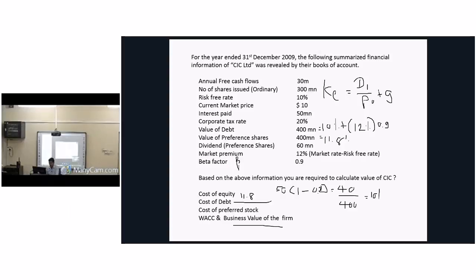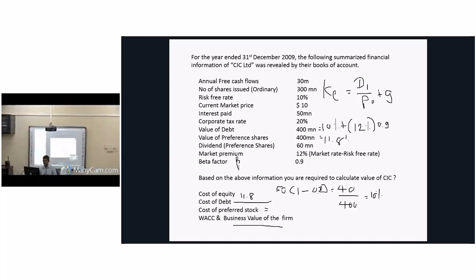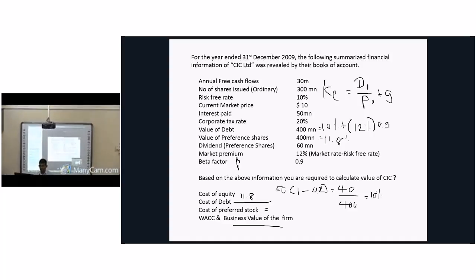Let's quickly calculate the cost of preference shares also. But first, a correction on the cost of equity: the 10% should be added.